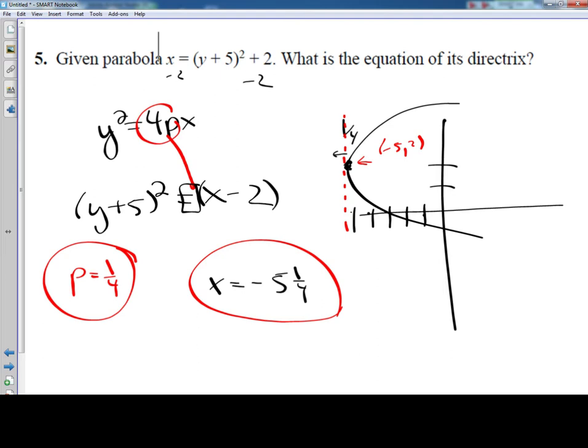And if I wanted to find the focus, it would be at -4 3/4, exactly -4 3/4, comma 2. There you go. So 1/4 is the distance, right? It's simply the distance from vertex to focus.